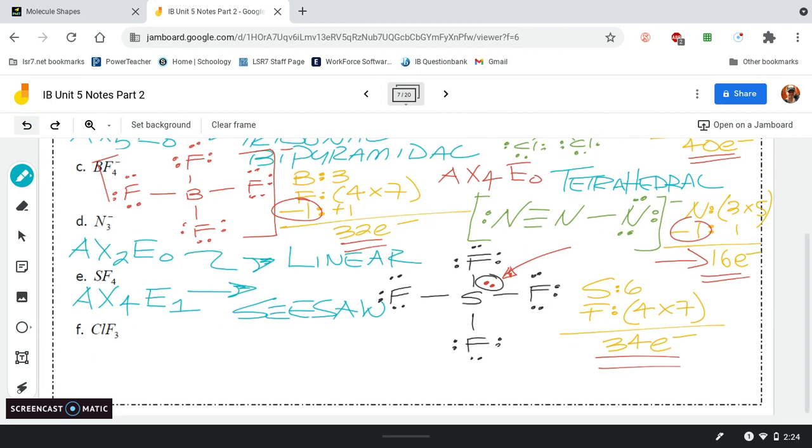Let's go to the last one, ClF3. Go ahead and figure this one out. Let's put the Cl in the middle, not the F. F, Cl, F, another F, dots, dots, dots.